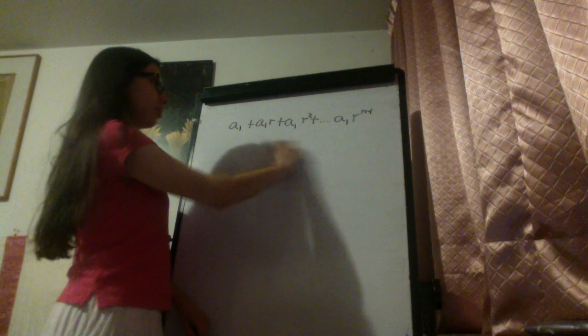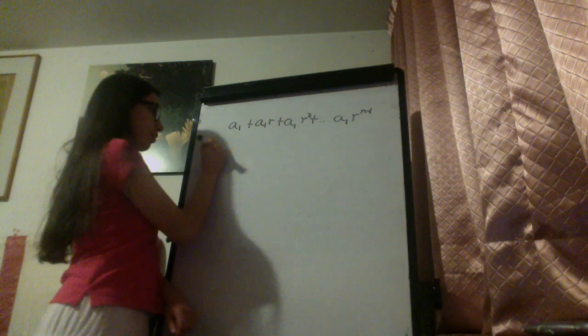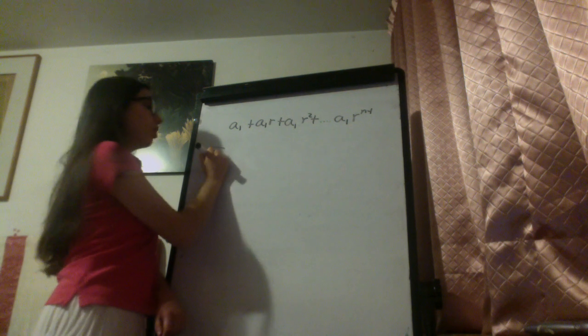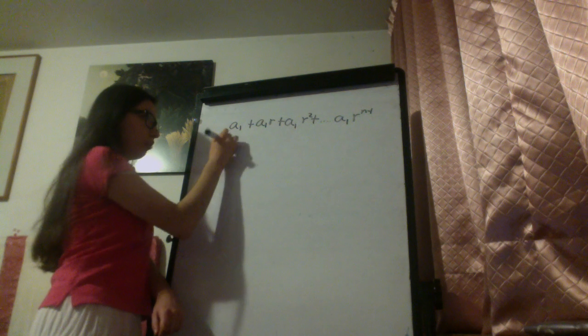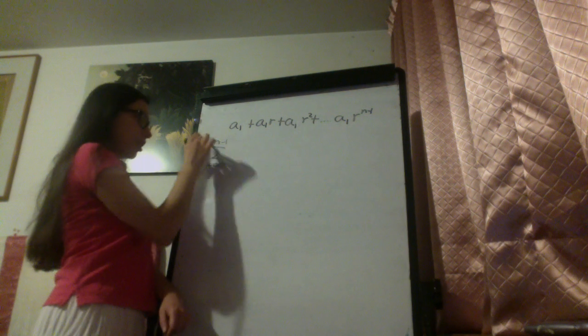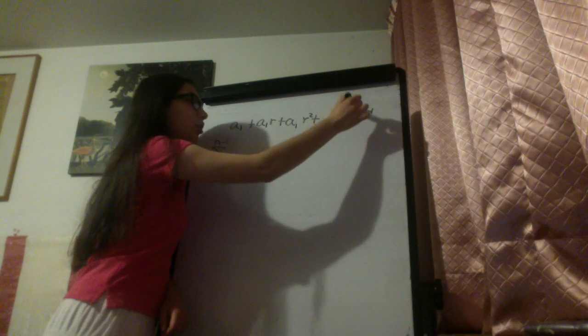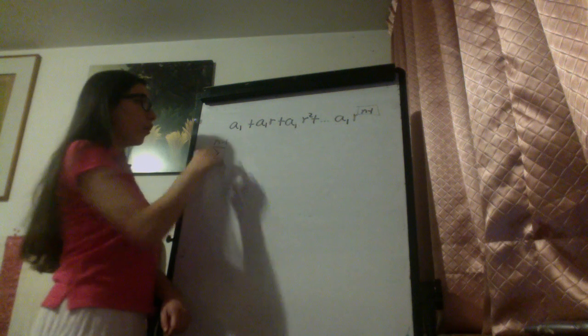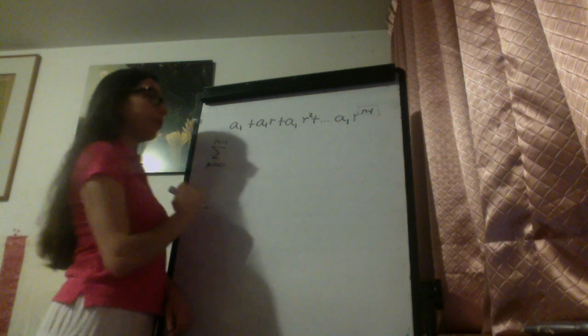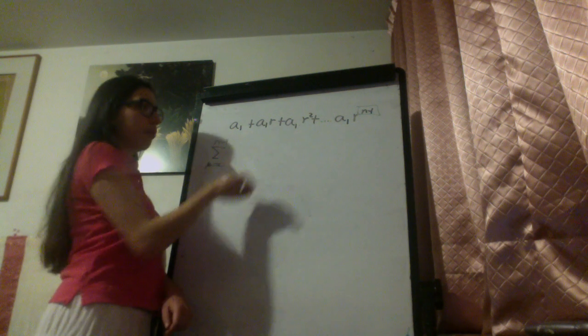And remember, we saw in the previous video that this can be expressed as the summation from k equals 0 to n minus 1 of a sub 1 r to the k. This number is the same as the exponent of the r in the last term, or 1 minus the number of terms that we have, that is n minus 1.